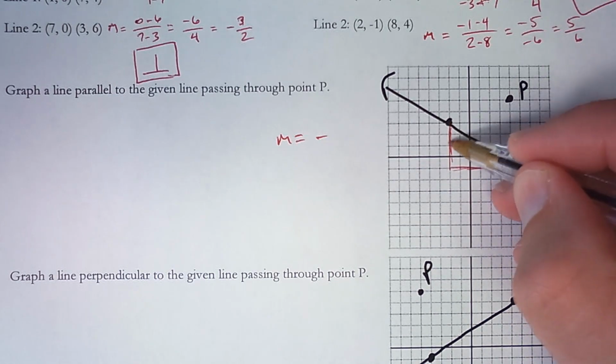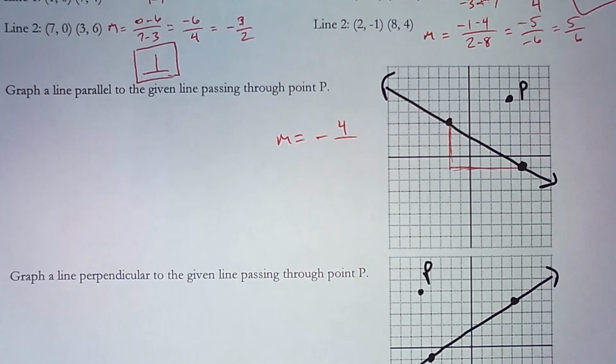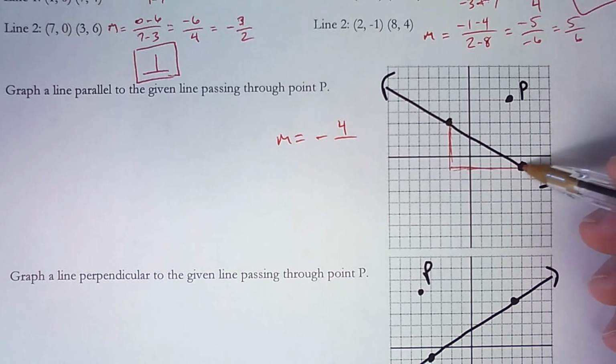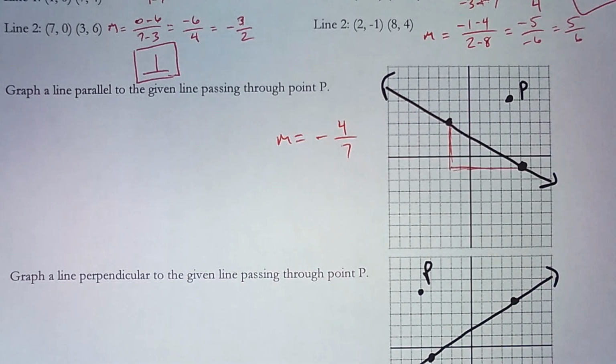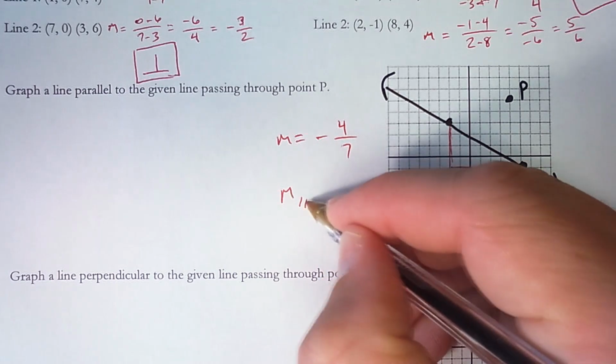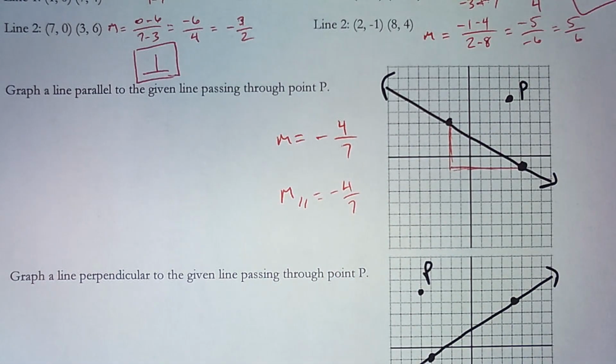It falls 1, 2, 3, 4. So there's our rise, and the run, 1, 2, 3, 4, 5, 6, 7. Negative 4/7. Okay, the parallel line, so the slope of a parallel line is also negative 4/7.